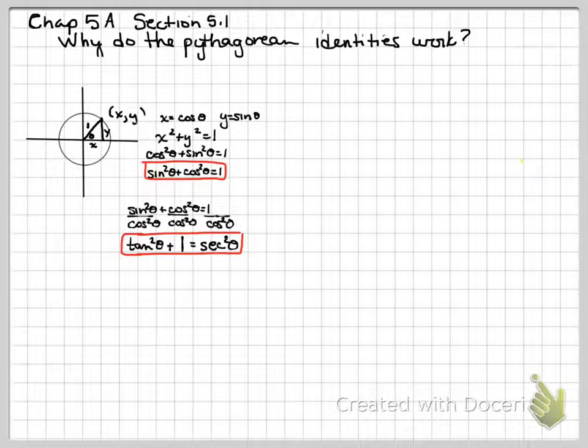Now let's say I go back to that sine squared theta plus cosine squared theta equals 1. Here we go. But this time, instead of dividing by cosine, I want to divide by sine squared. So I'm going to divide everything by sine squared theta.